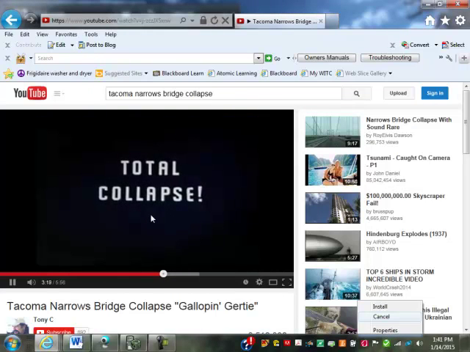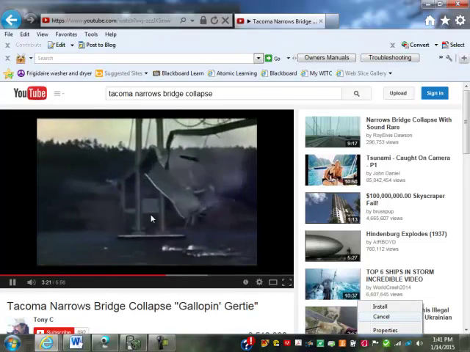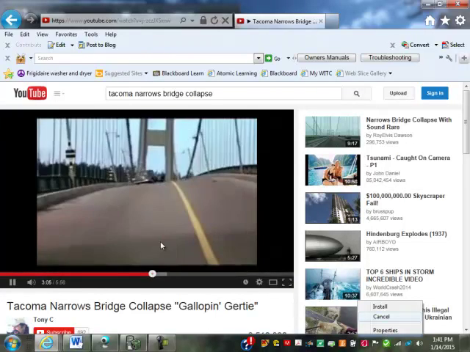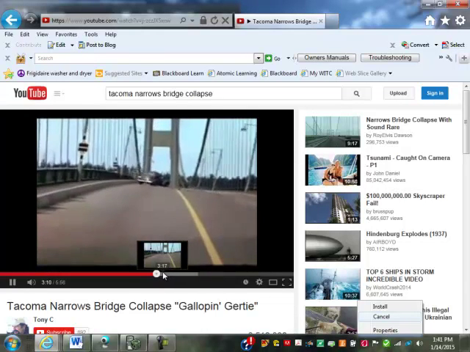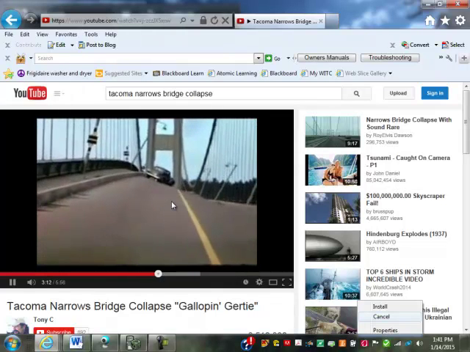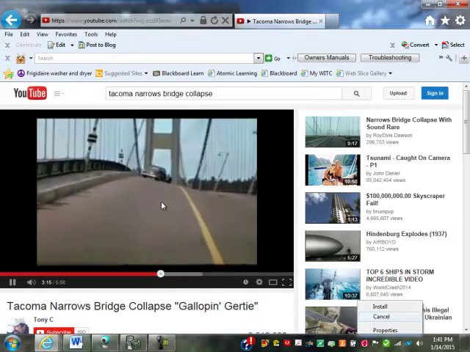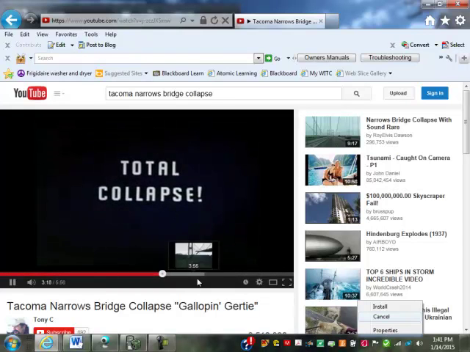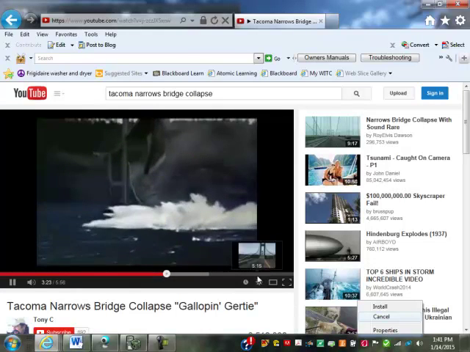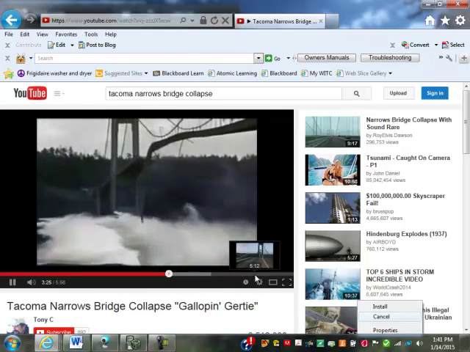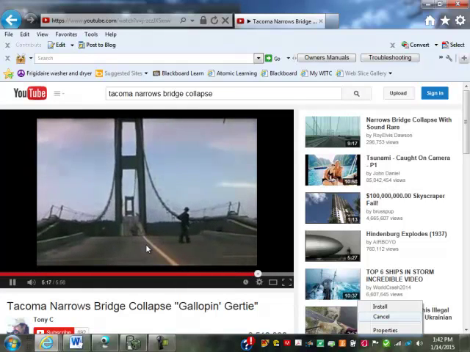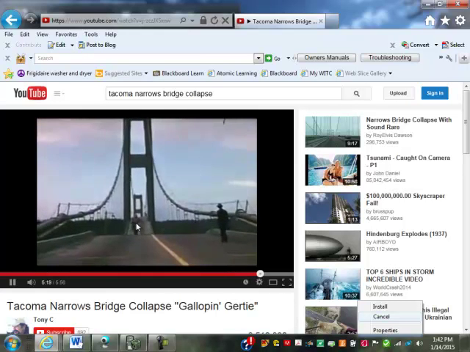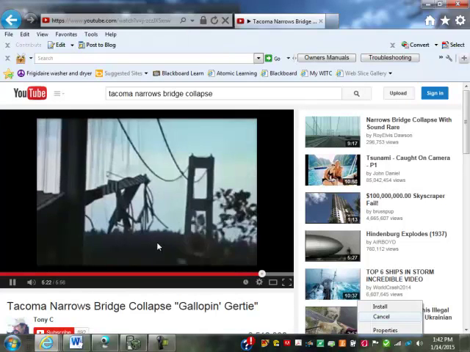And then this is where it starts to fall apart. Oh, that was a little further than I wanted to. I guess they really don't show it starting to break up. But those are people walking out there to check out the damage.